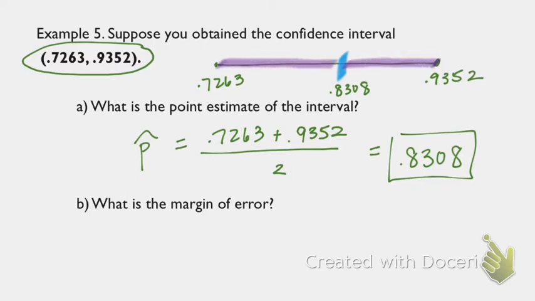You could either take the range and divide it by 2, or you could take your highest point minus your midpoint, and that would also work. So my margin of error is 0.1045.